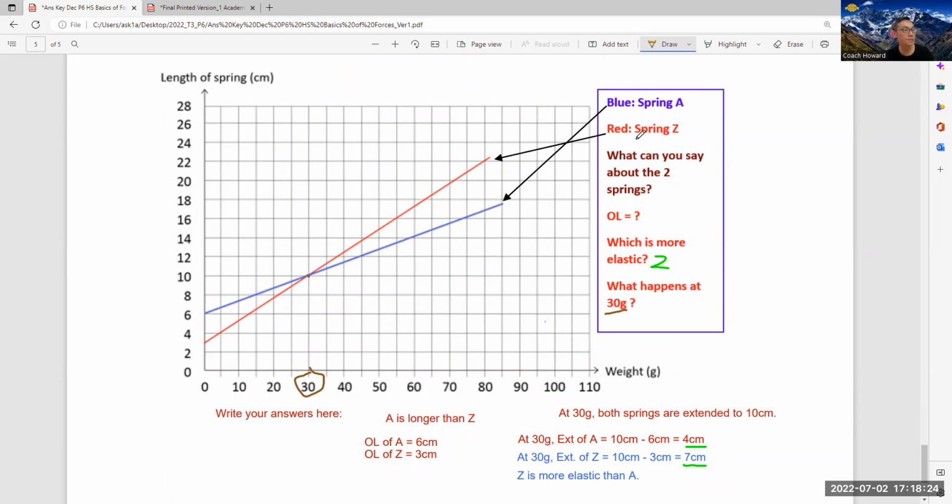In this case, spring Z, the red line, is a steeper line. More elastic. Why? Because for the same mass, it extends more. We calculated at 30 gram, Z extends by 7 centimeters, whereas spring A extends by 4. So Z is more elastic than A.